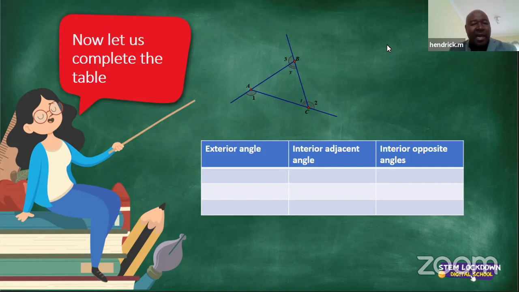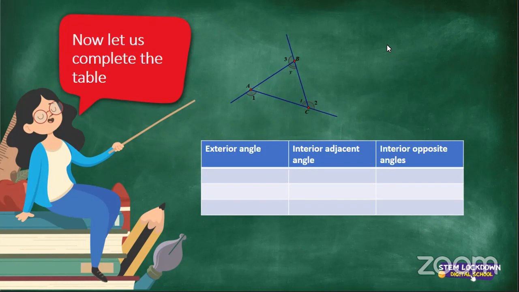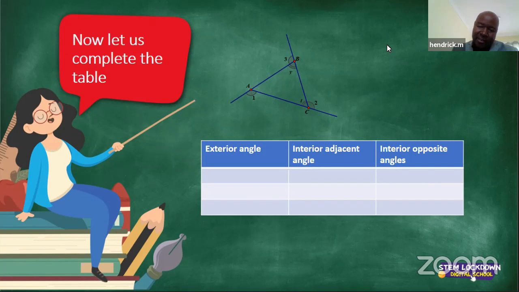Adjacent means that when you add that interior angle and the exterior angle, the sum of those two angles will give you 180 degrees. So the two angles form an angle on a straight line. The adjacent angle and the exterior angle form 180 degrees.